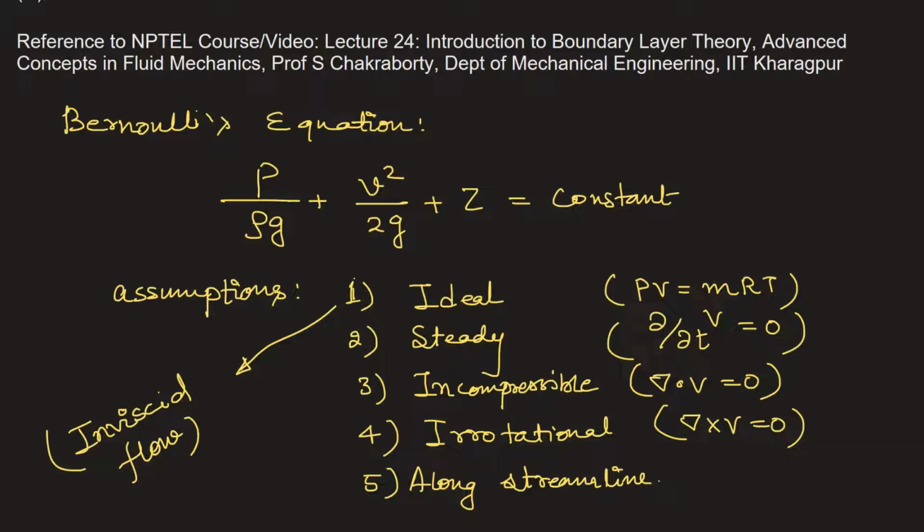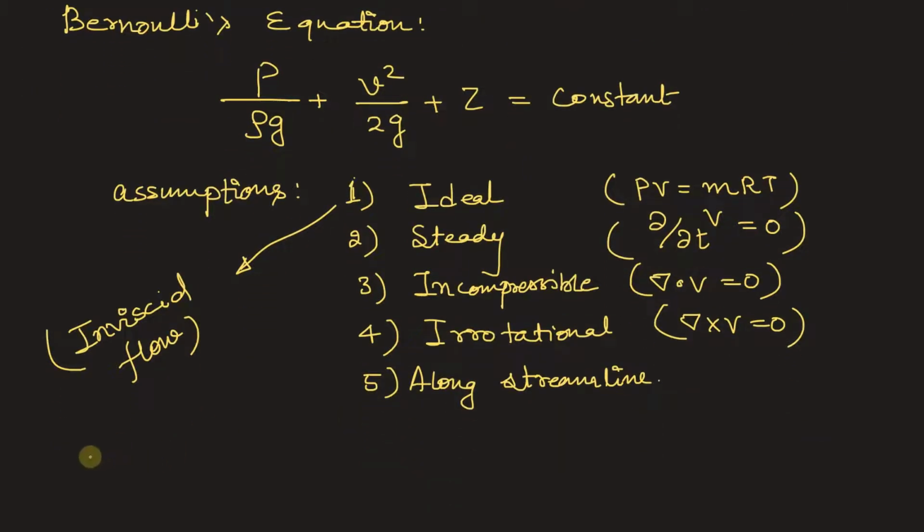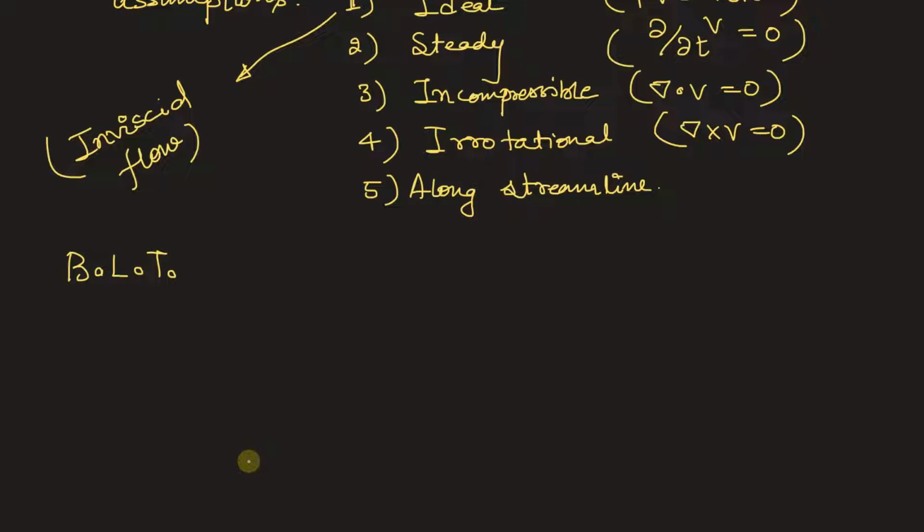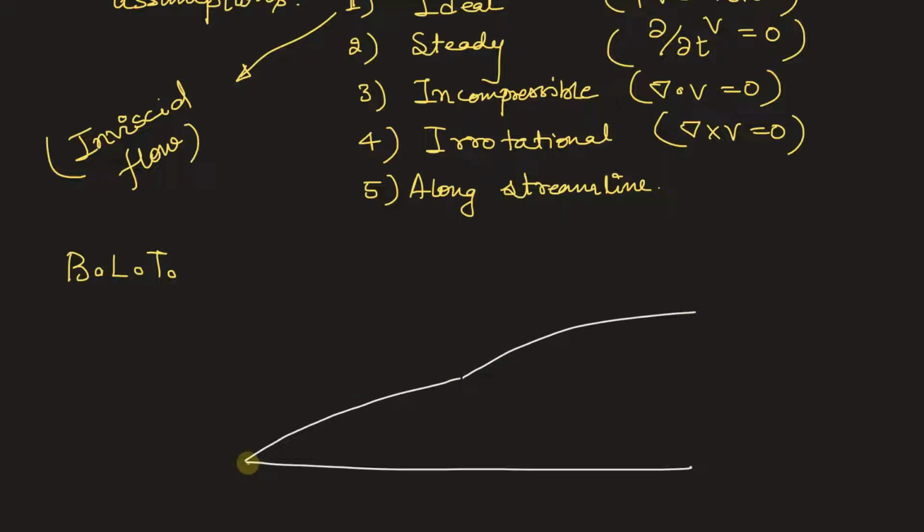Now in case of boundary layer theory, the formation of the boundary layer occurs because of friction. Suppose this is a flat plate, or we can also take the example of a pipe. There will be formation of layers over this flat plate. Why? Because there is friction in the fluid.